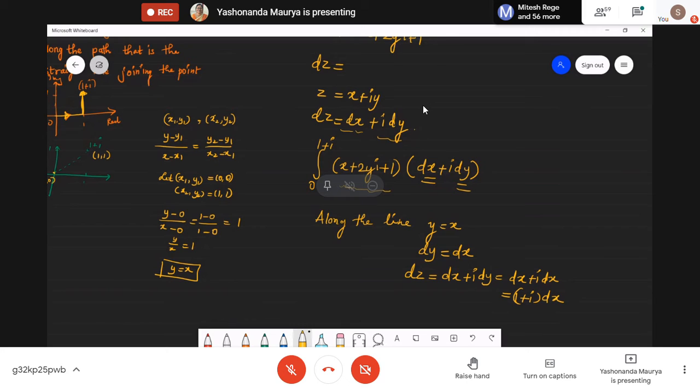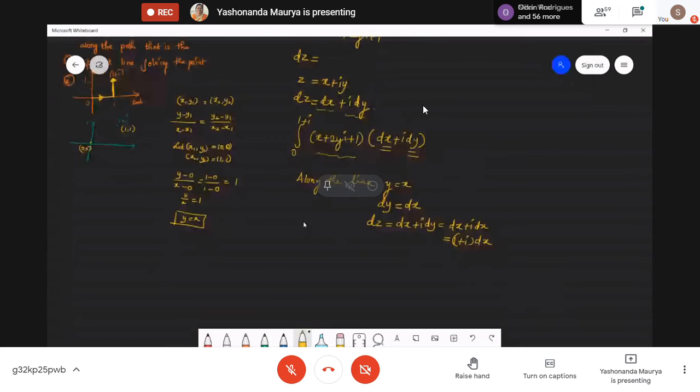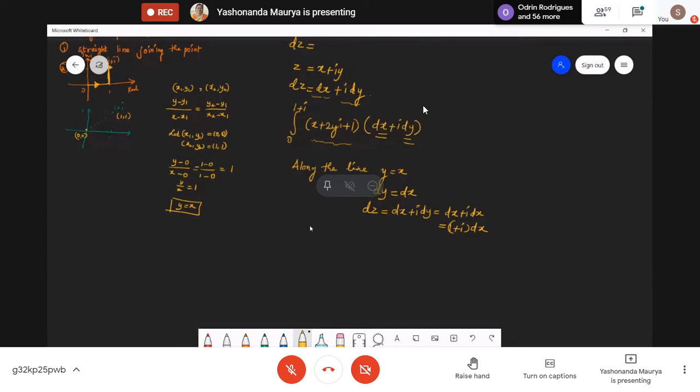Okay, and what about the limits of this particular thing? Now see what we have done. We can change the limits. What will be the new limits that we are going to get now? The new limits will be, see, the equation of the line we have got.